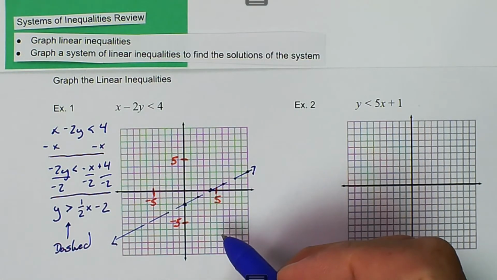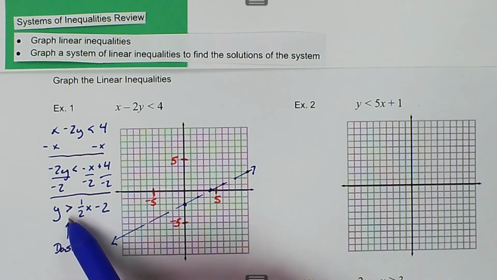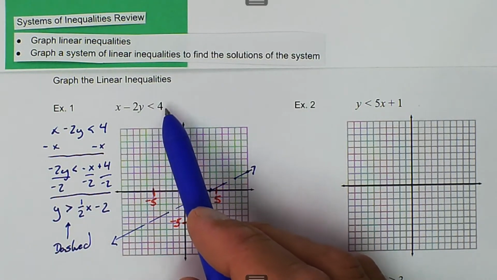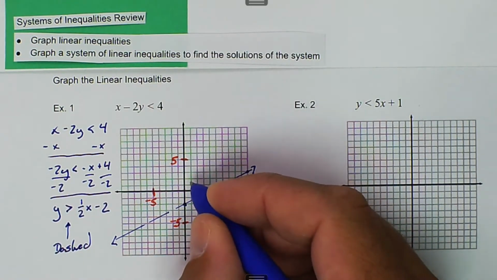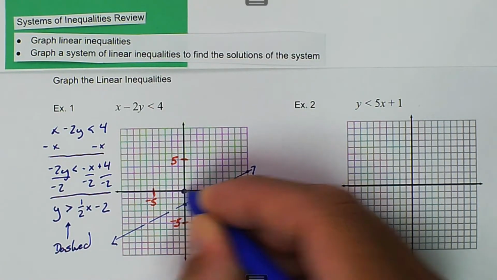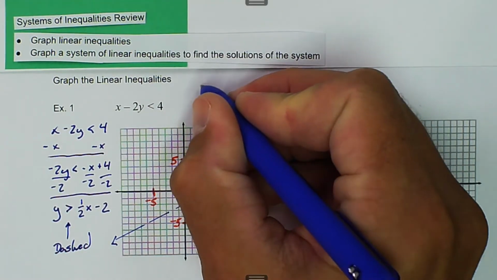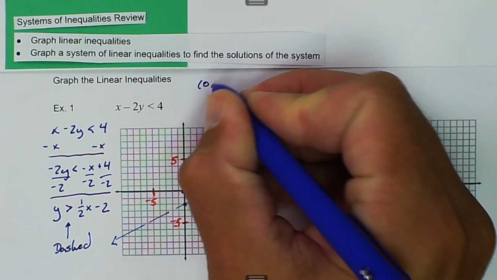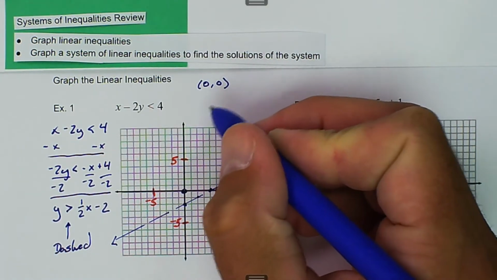Now, to make sure that you shade correctly, we need to substitute a value into the inequality. So I'm going to substitute any point that we want, but a real easy one to pick is 0, 0. So if we go ahead and substitute 0, 0 into the equation, if it's true, we'll shade that side of the line.